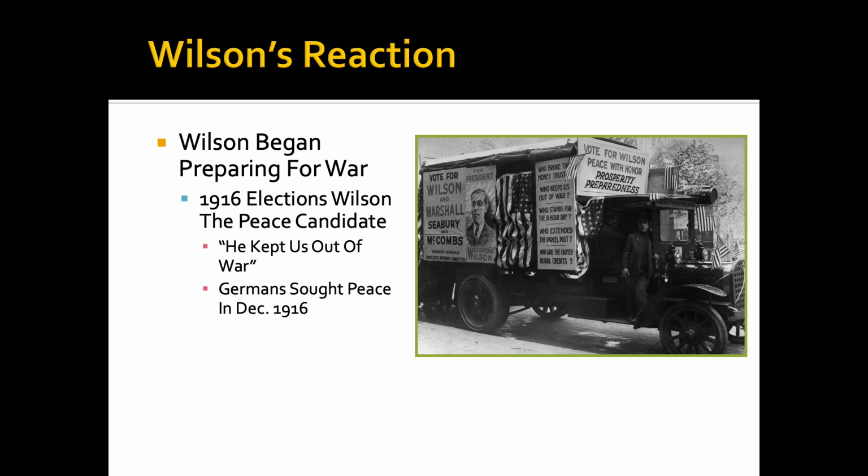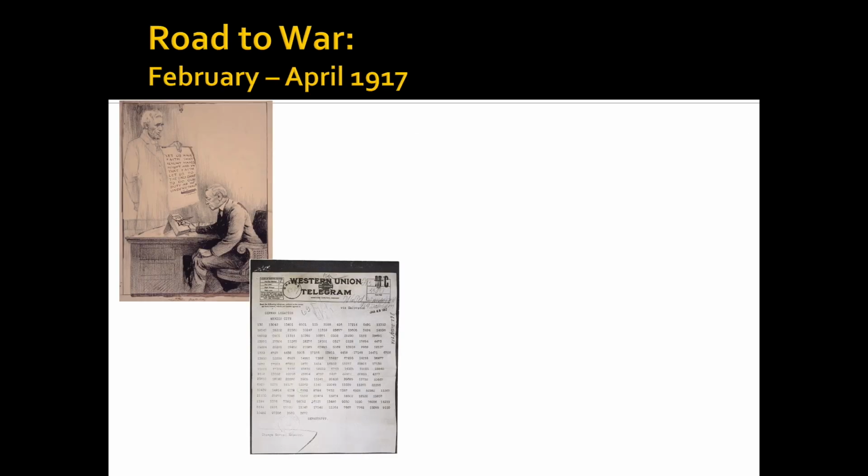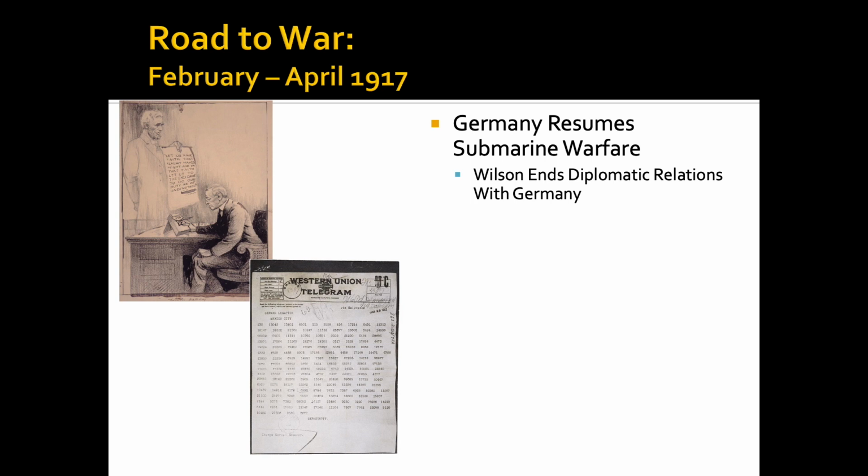So just a few months after the elections, Germans were already coming to Wilson, asking him to help sign a peace treaty. But then Germany resumed submarine warfare that had been put on halt after the sinking of the Lusitania. This angered Wilson and concerned him, and so he ended diplomatic relations with Germany.